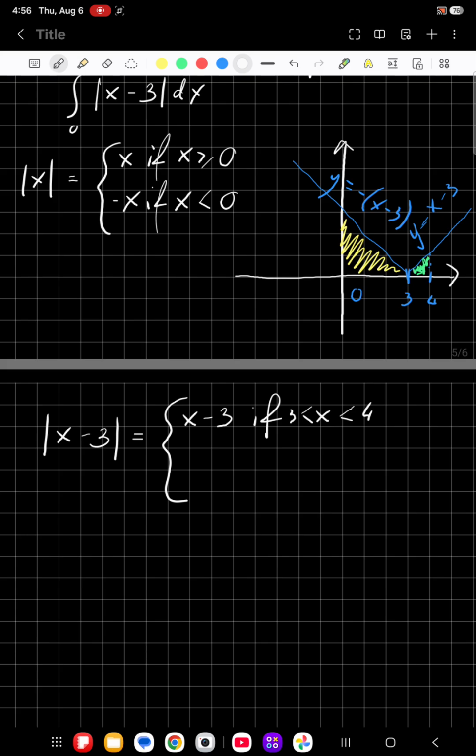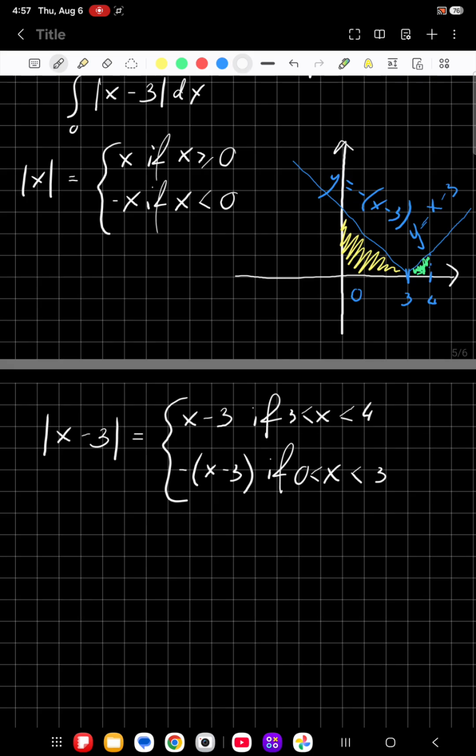And then the other one, let's do it this way, just keeping it aligned with the definition. And here x is from 0 to 3, between 0 and 3. Okay, so we have the definition of that absolute value.